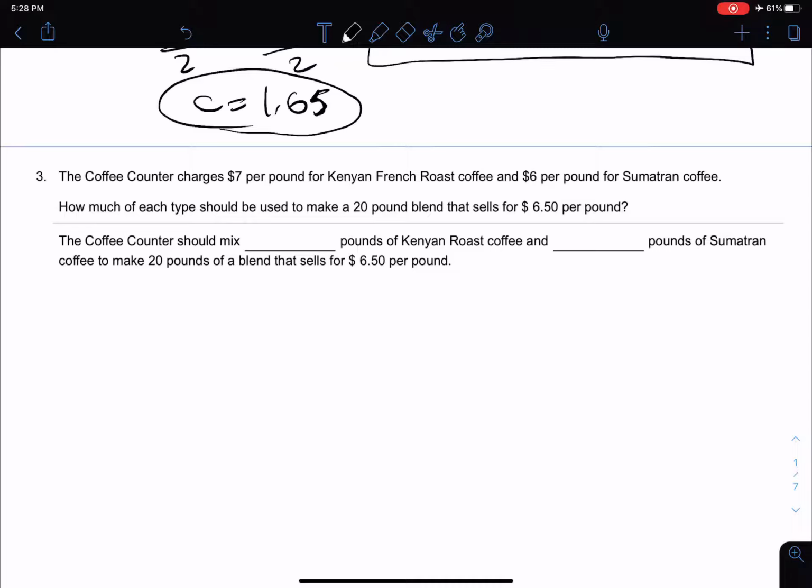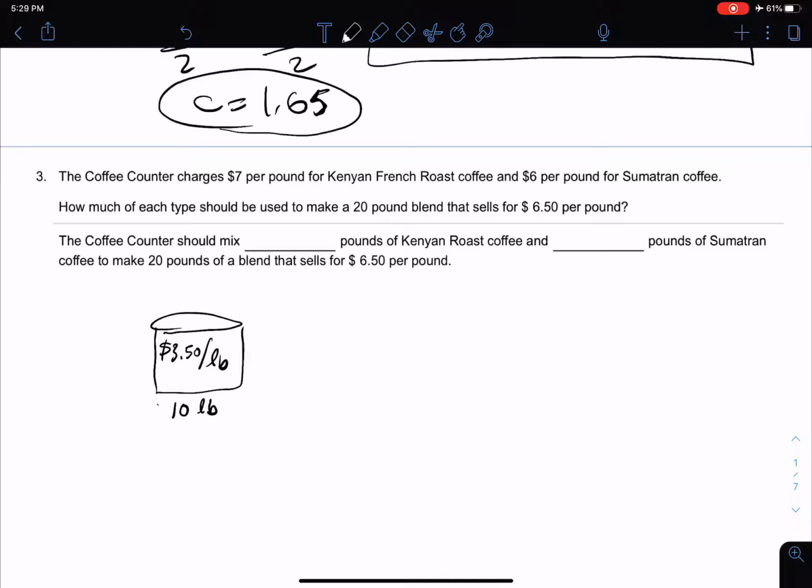Okay, so let's start off by just talking about this. If I had a canister of coffee, and I told you it's just some coffee that costs $3.50 per pound. That's the cost per pound. And then down below, I always write how many pounds are in that container.